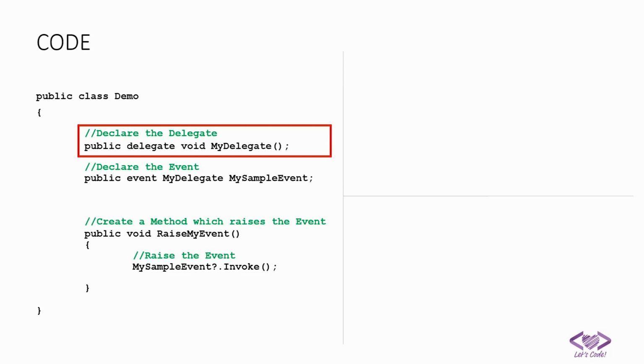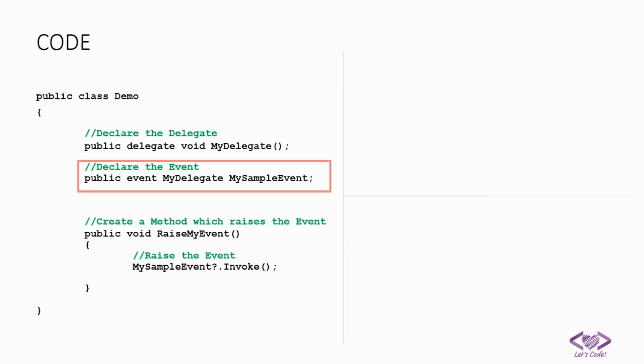When we create an event, the delegate should already exist, so that in the event we can use that delegate. This is how we create an event, where we say public event MyDelegate, and the name we give for the event is MySampleEvent. Again, if you are not familiar with delegates, do check out the video because an understanding of delegates is very much required to understand events.